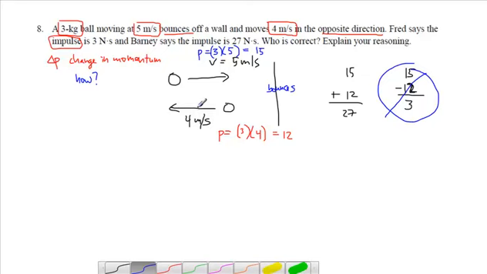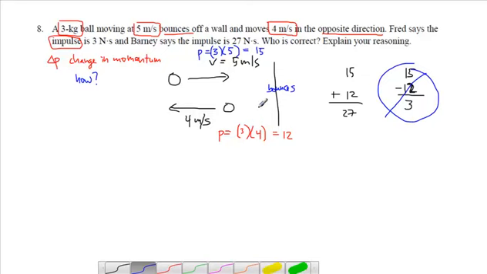So you have changed the momentum of the ball. Now, if I look at just the first part, the momentum is going to go from 15 to 0. I was going 15, then I was going to 0. That is a change in momentum itself. So from 15 to 0, and then from 0 to 12.